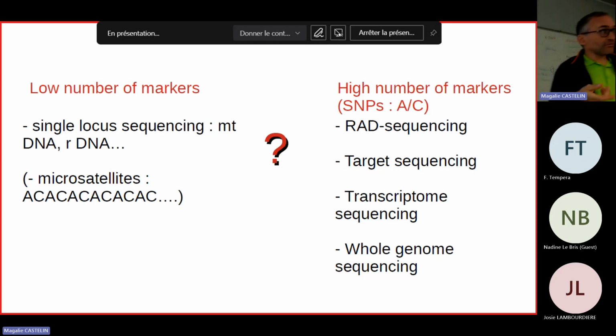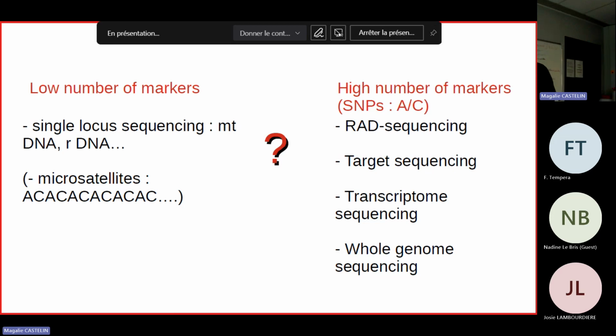And if you do that, you want techniques which allow you to analyze the same 5% in your different samples. Because if you analyze 5% on one side and a different 5% in another sample, you can't compare them.